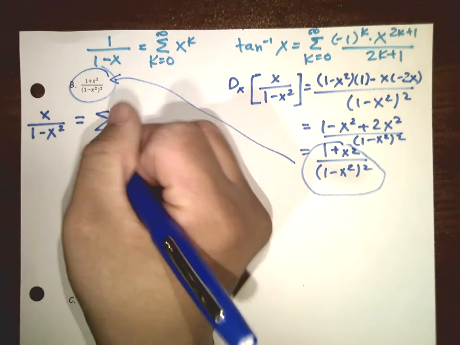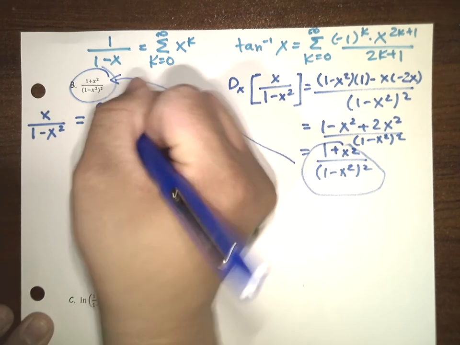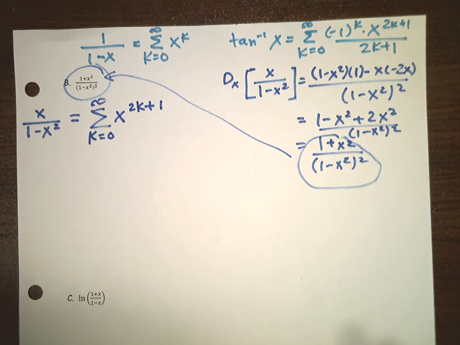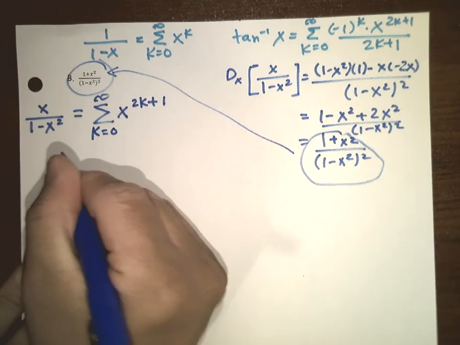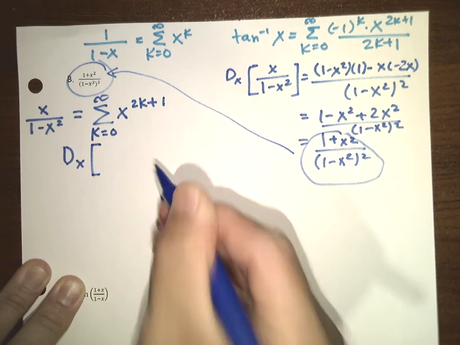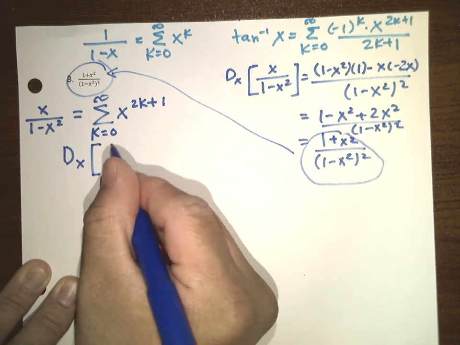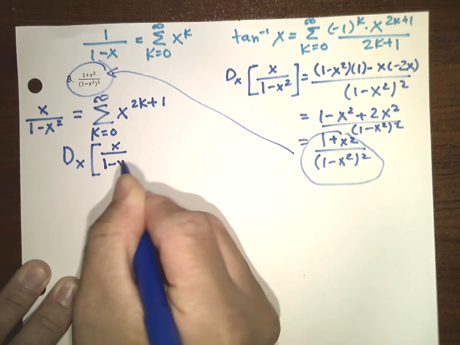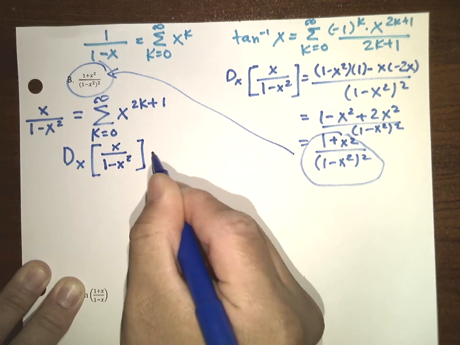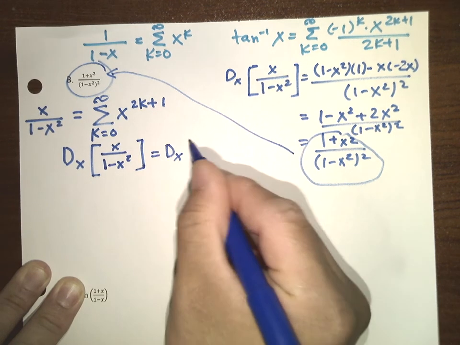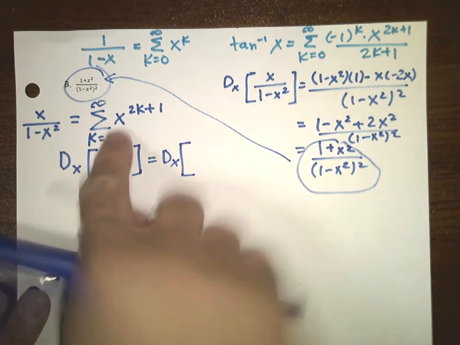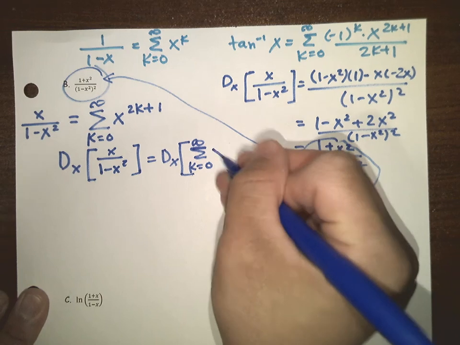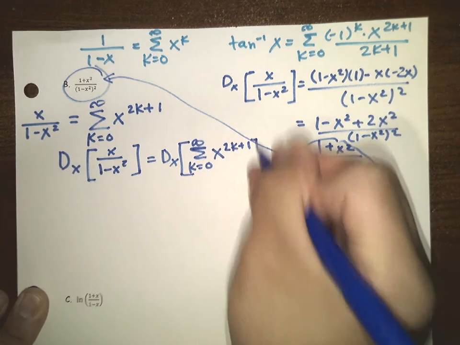All right, so it's the sum k equals 0 to infinity of x to the 2k plus 1. I'm not going to show that again. So then the derivative with respect to x of this x over 1 minus x squared is actually the derivative with respect to x of the series that we just had, k equals 0 to infinity of x to the 2k plus 1.